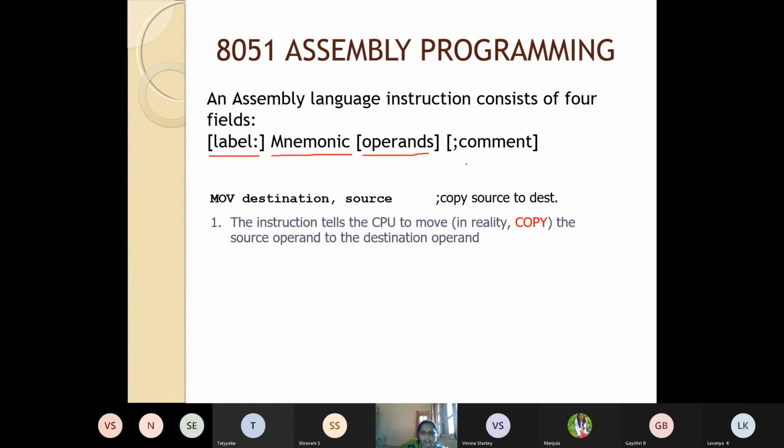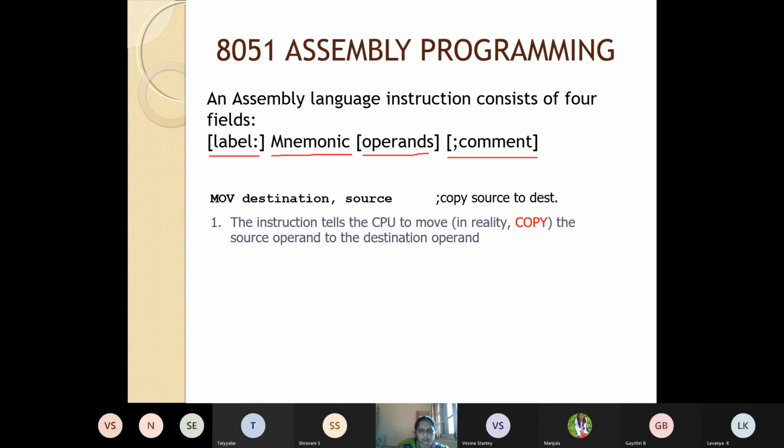Again, in 8051, if you want to add a comment line, the comment line always starts with a semicolon. The comment line indicates the purpose of the code. Here we have taken one example, MOV destination comma source.